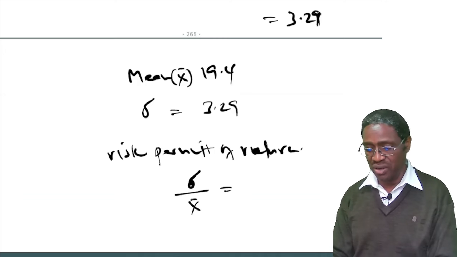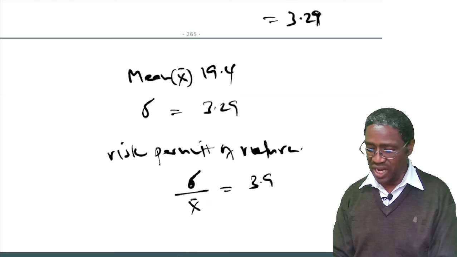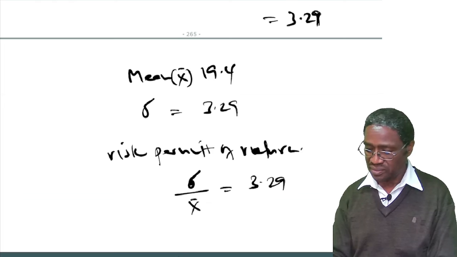For example now, this will be 3.29 divided by 19.4.